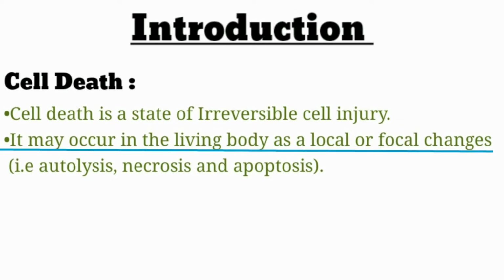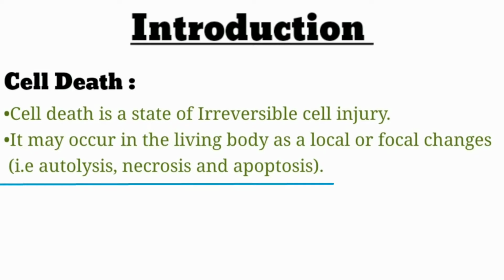It may occur in the living body as local or focal changes, for example autolysis, necrosis and apoptosis. These three cell death processes differ from each other. In this video I will tell you about necrosis only.